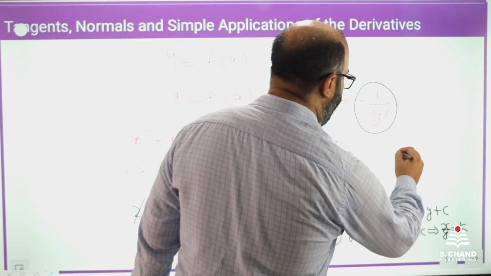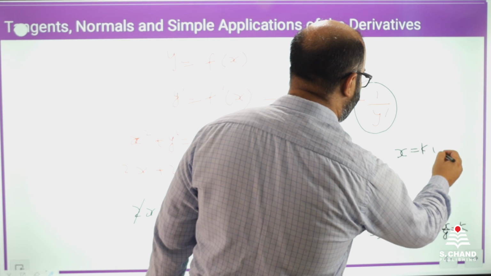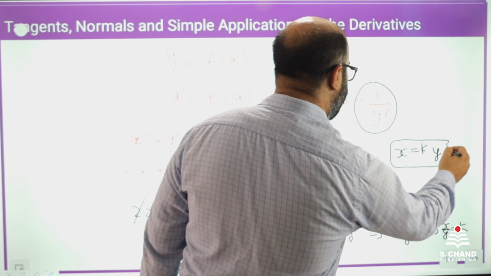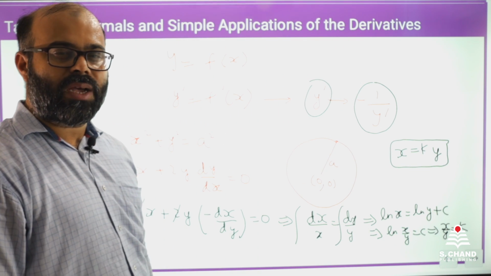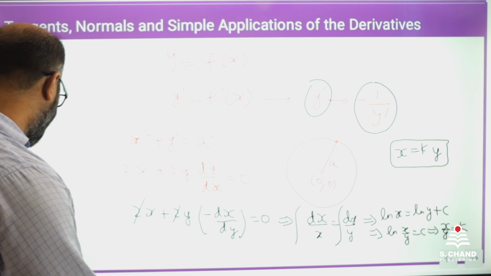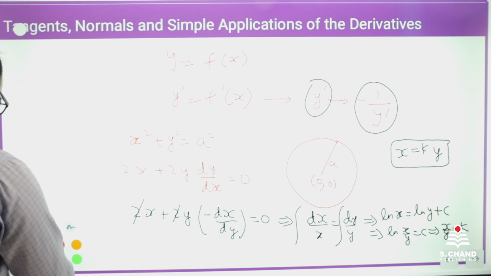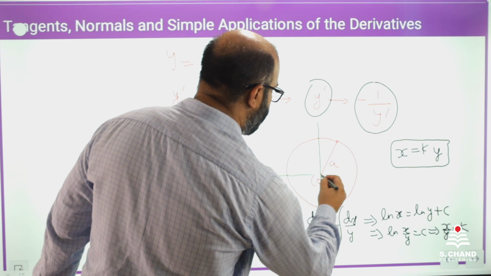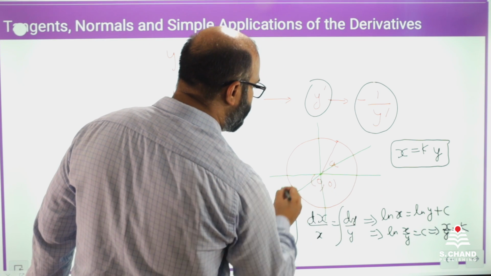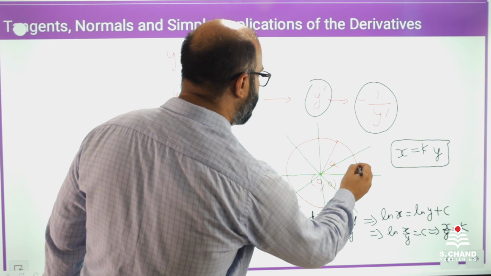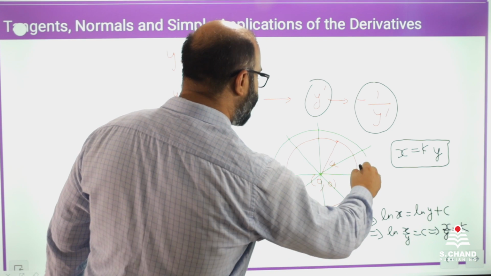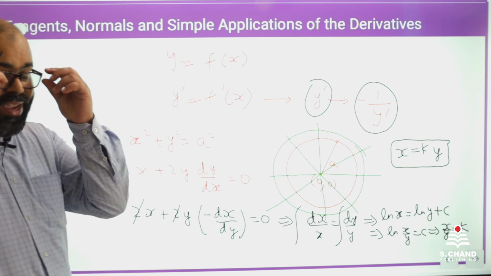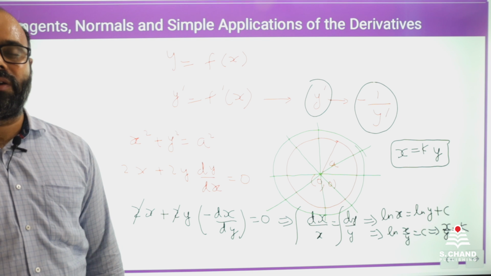So we are getting x is equal to ky. Now this equation is the equation of a straight line which is passing through the origin. If this is the y-axis and this is the x-axis, any line passing through the origin is always perpendicular to all such circles. So this is a way to find the orthogonal curves family.